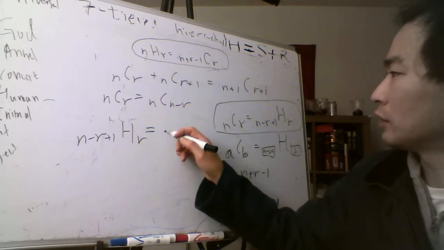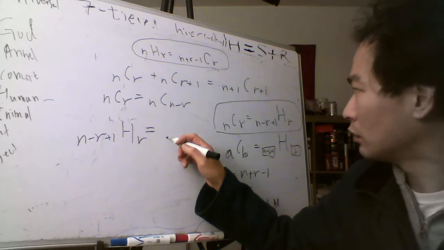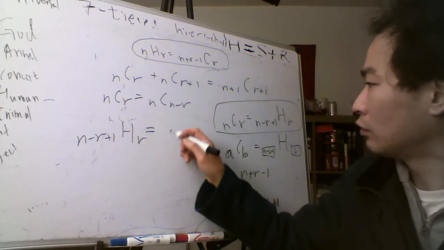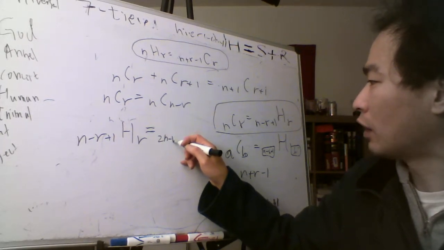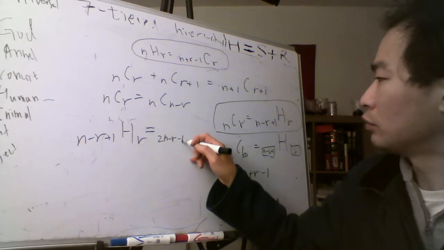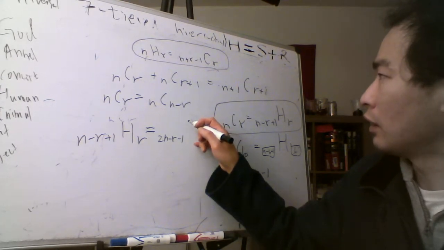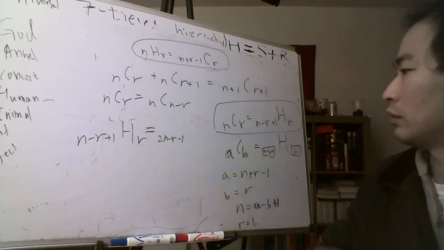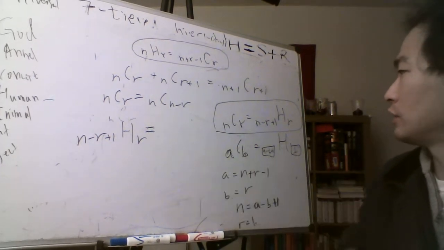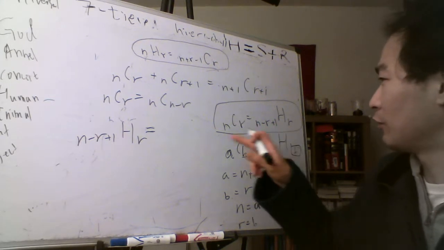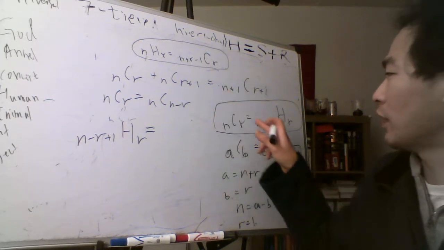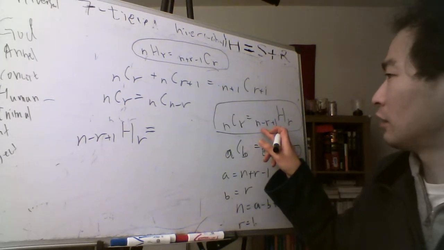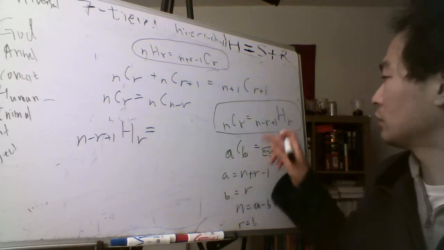You add and subtract 1. So you have 2n minus r minus 1. Oh, no. You gotta use this formula, okay? So we are going from C to H, okay? So n minus r plus 1.